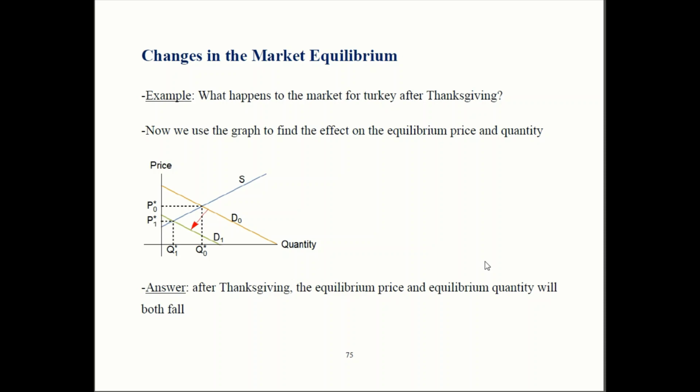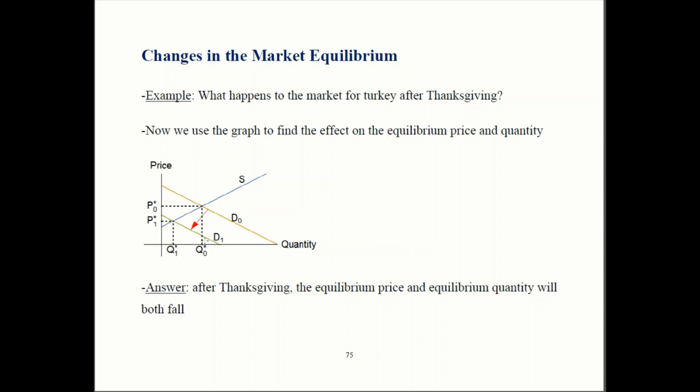You also see a decrease in quantity. There is a massive amount of turkey being offered in stores before Thanksgiving, but afterwards it's a lot harder to find. Old supply and old demand meet over here, so old quantity is going to be there, Q0 star. Q0 is old, so 0 is the original, and a star is for equilibrium.